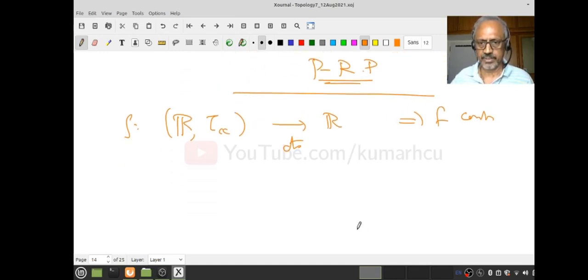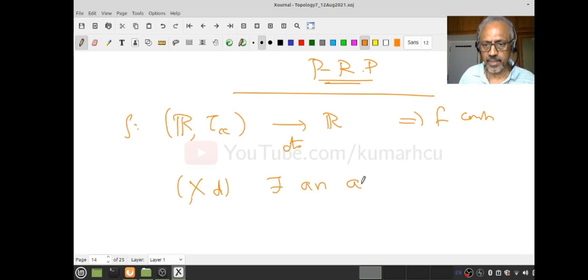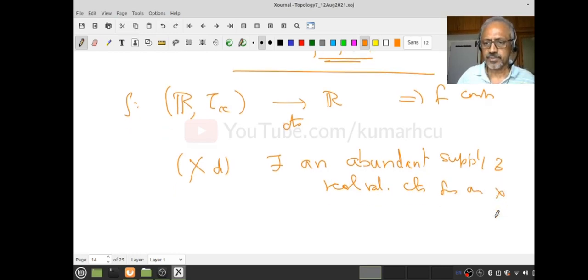I proved that by this example. But if I have a metric space, there exists an abundant supply, a lot of them. This is something very interesting.